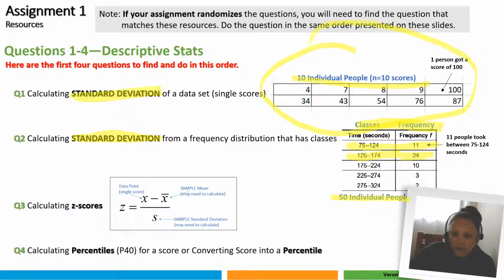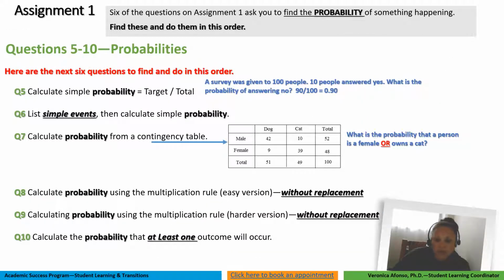This one has a frequency column and some classes. So find the question that just has a set of scores and that says calculate a standard deviation. Okay. This particular assignment 1 has a roadmap that spans across 2 pages. Okay, but you'll see from here on out, everything is on 1 page.